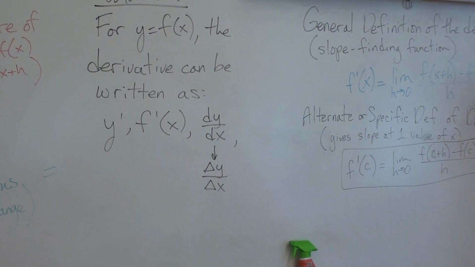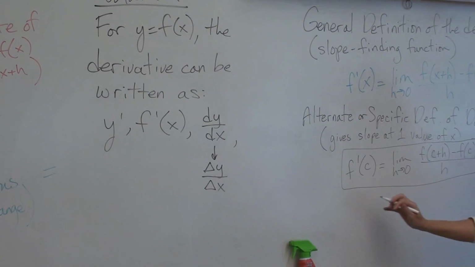Now, this and this are identical. What's the only thing that's different? The x's became c's. So instead of x's, you'll have numbers. So you'd have like f prime of 5, and then you'd have the limit as h approaches 0 of f of 5 plus h minus f of 5 over h. You'll have a number, and then the output will be the slope at that number.